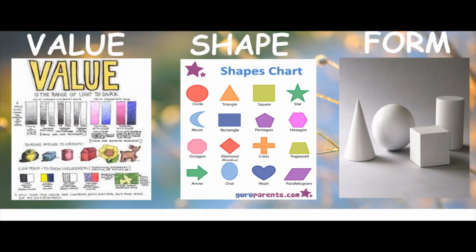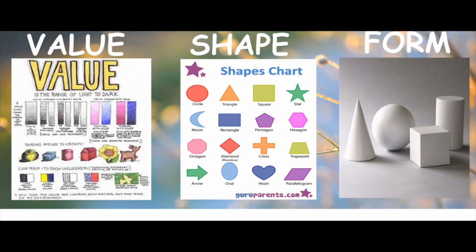To make a difference between values, one can use contrast, the state of being strikingly different from something else in juxtaposition or close association of these elements. Here comes the shape.